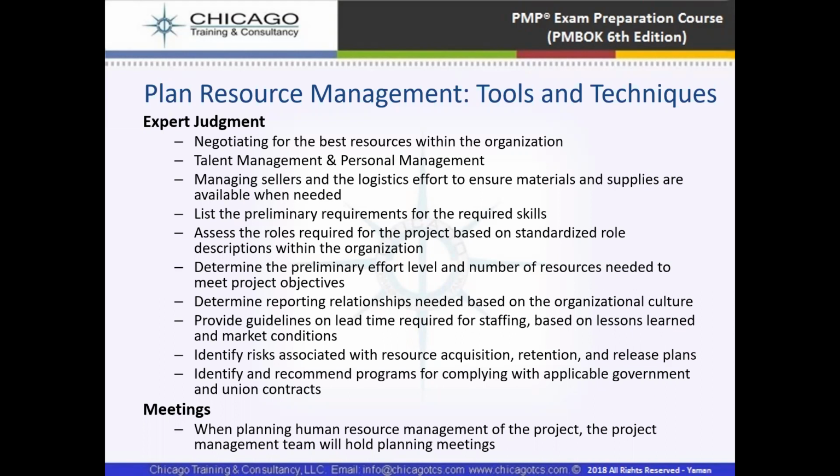And then identify the risks, and identify and recommend programs for complying with applicable government and union contracts. So basically, the expert judgment is going to give us ideas and guide us on how these inputs will be executed in terms of talent management and process management.